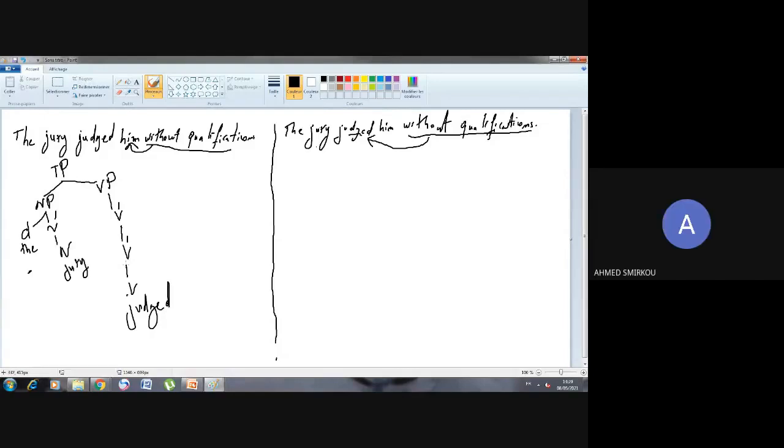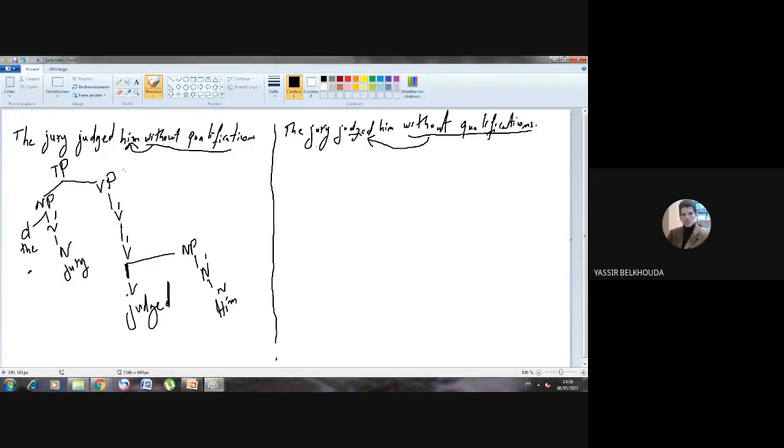The NP for the object is sister to V, dominated by V bar. Now one N bar, him.